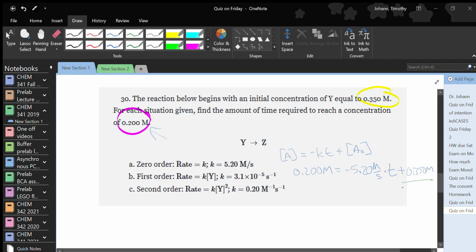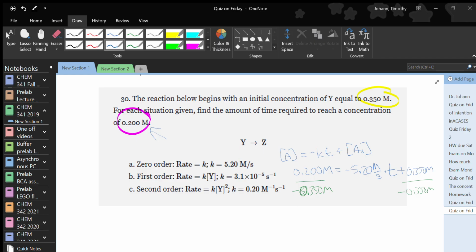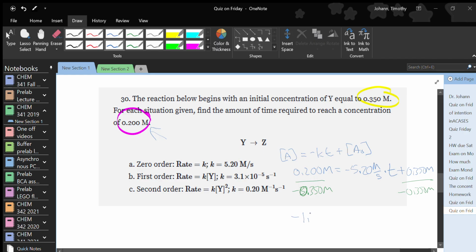I'm going to go ahead and subtract 0.350 molar from each side. And that's going to give me what? Negative 0.150 molar. Yeah?